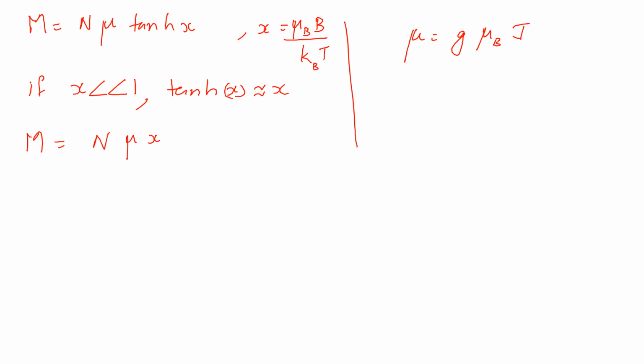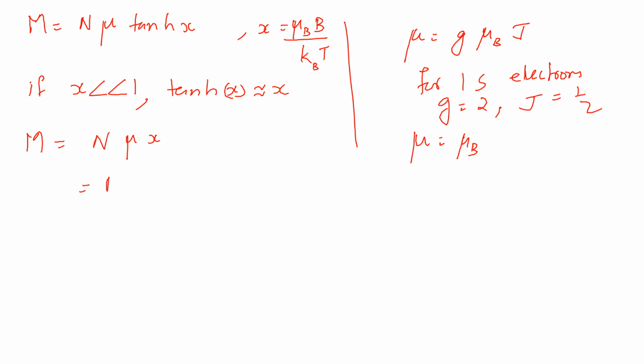But for 1s electrons, we know that the g value is 2 and the j value is half. So if we use this value, what will be the mu value? Mu will be 2 times mu b times 1 by 2. So 2 and 1 by 2 cancel. You will get only mu b. So the magnetic dipole moment is equal to the Bohr magneton. Mu equal to mu b.